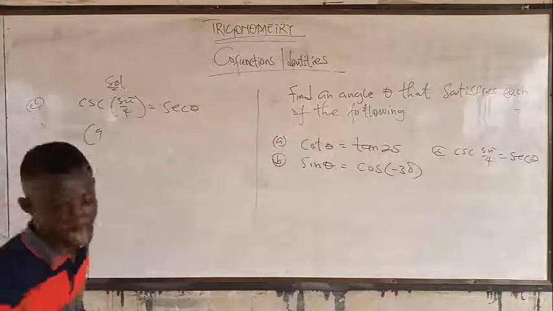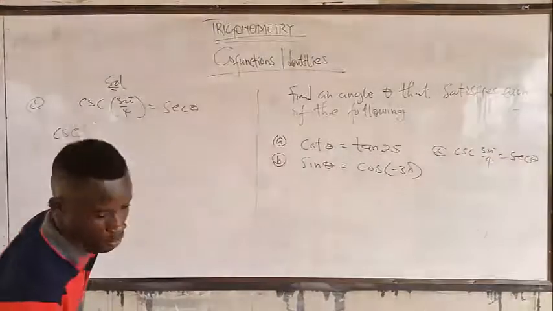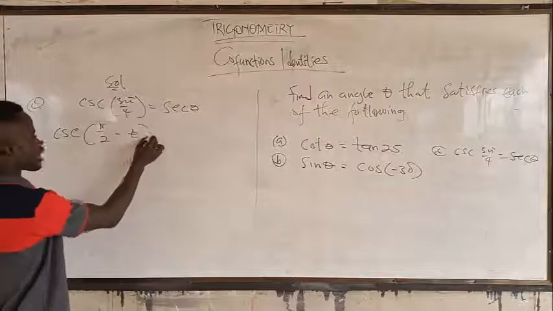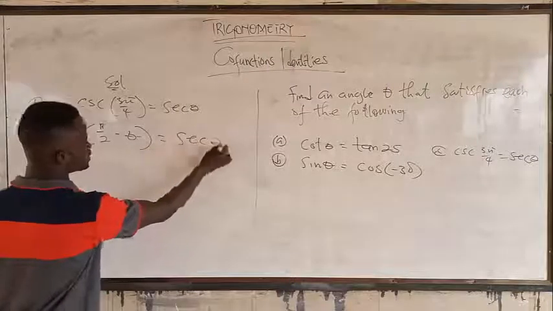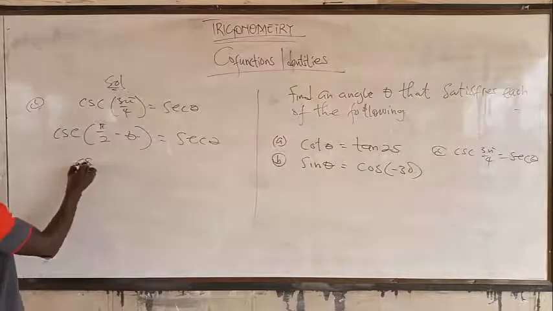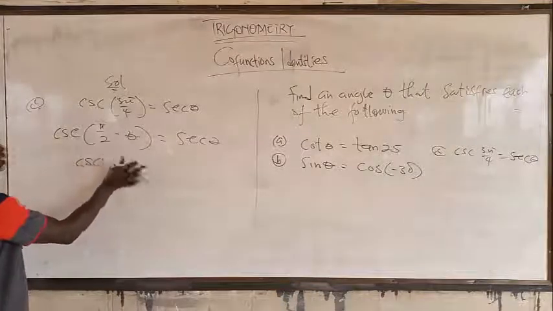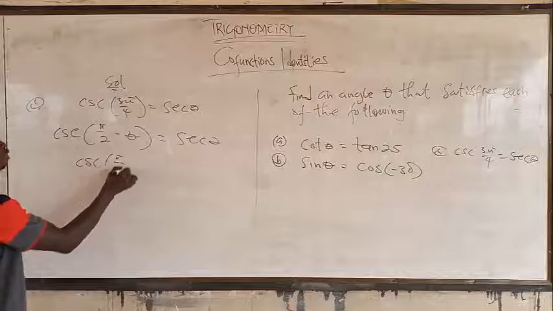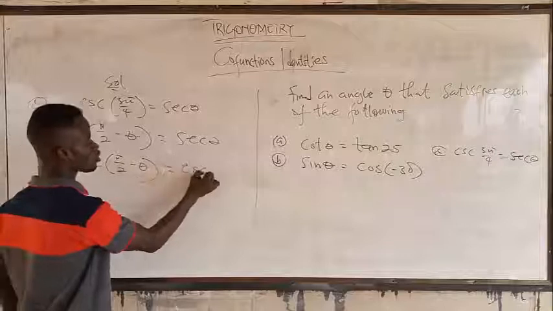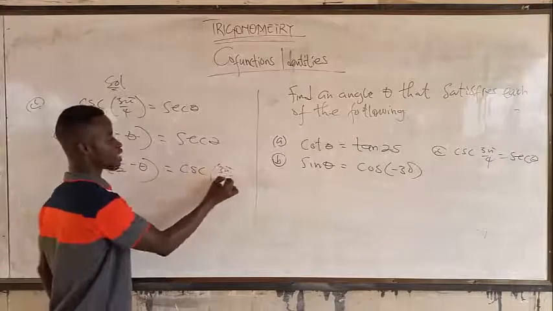Now we are not going to write 90, but rather cosec of pi on 2 minus theta is equal to sec theta. So if this is equal to this, then cosec pi on 2 minus theta is going to be equal to cosec 3 pi on 4.